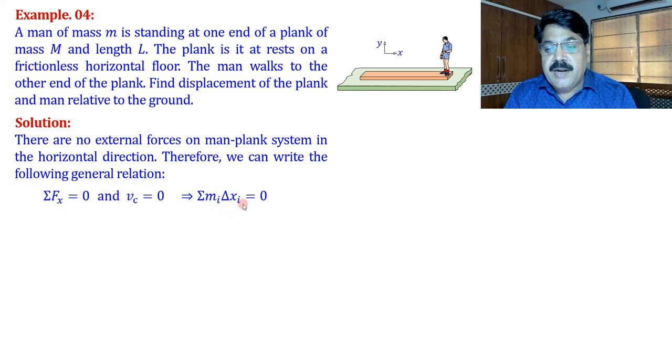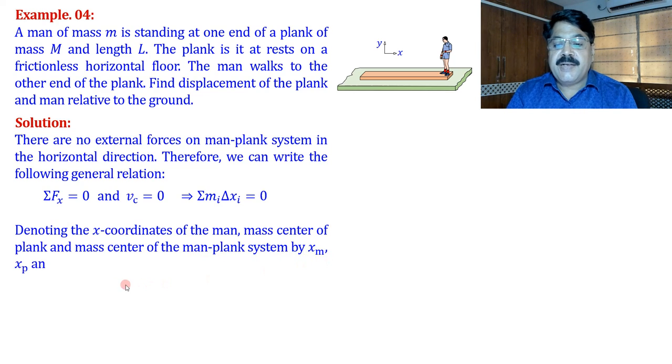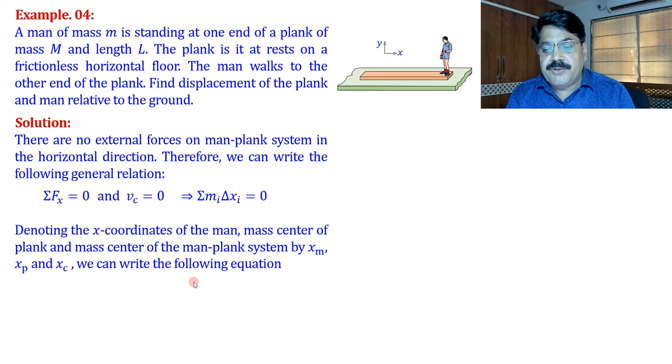Here, what is delta xi? Displacement of the man with respect to the ground, and again displacement of the plank with respect to the ground. So we denote the plank by small p and the man by small m, or 1 or 2 subscript. Denoting the x coordinates of the man, the mass center of the plank, and the mass center of the man-plank system by xm, xp and xc, we can write the following equation.